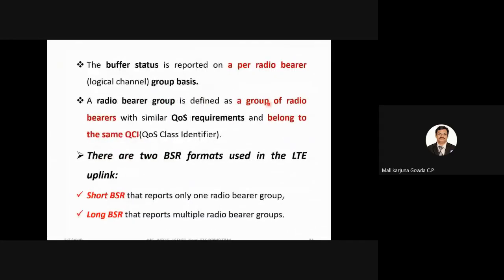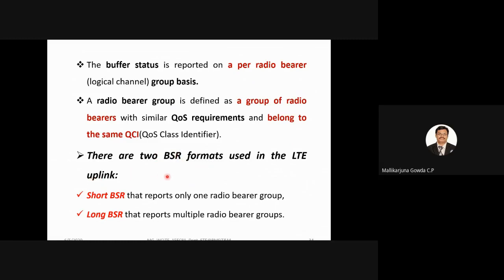Then I said that the buffer status report will be done based on a per radio bearer group. I said what is that radio bearer group? It is the group of radio bearers with similar quality of service requirements and belonging to the same quality of service class identifier. So there are two formats used in LTE for uplink, that is BSR format.